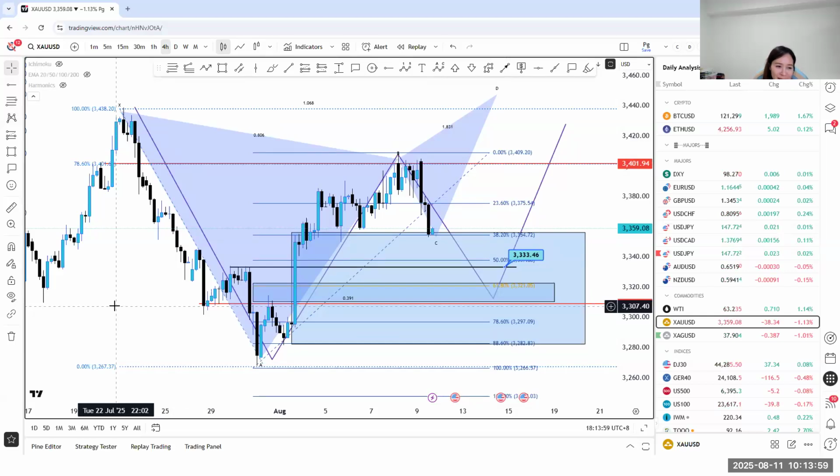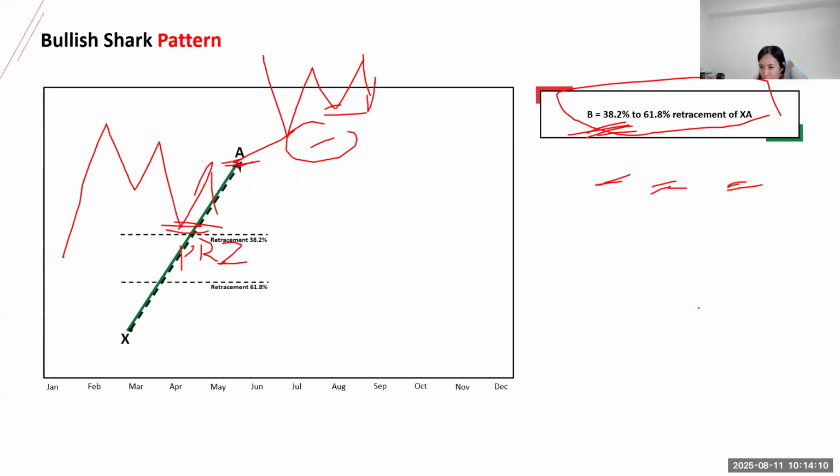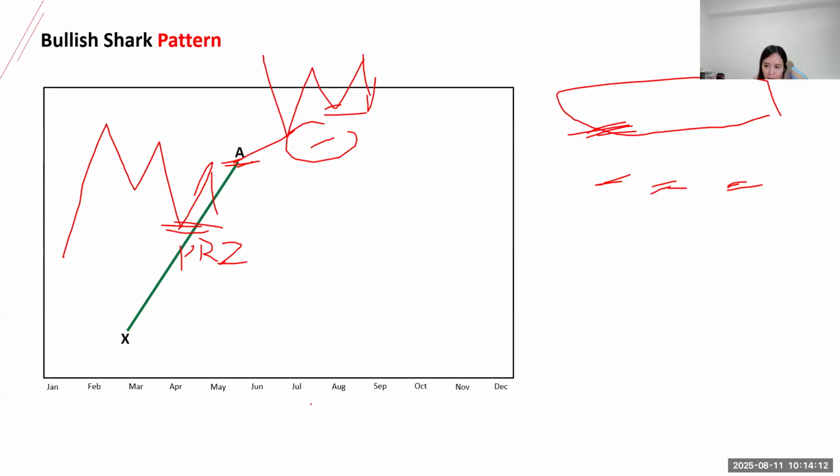You guys still with me? Is it butterfly? It is butterfly, guys. Is it butterfly pattern?